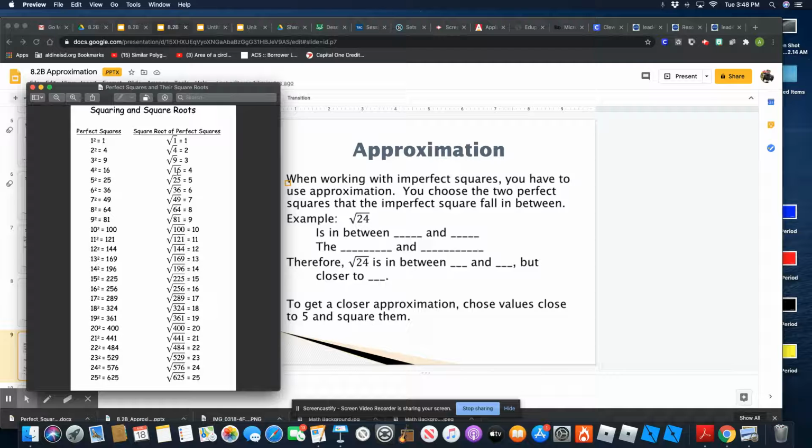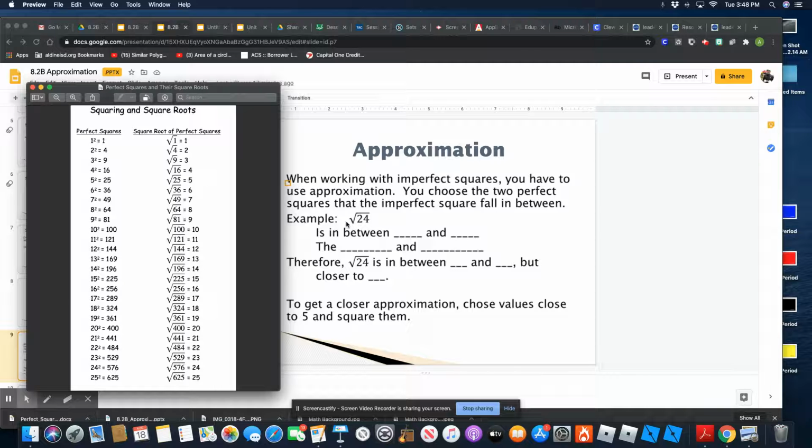Because 24 is between 16 and 25. So the square root of 24 would be between the square root of 16 and the square root of 25. I know that the square root of 16 is 4 and the square root of 25 is 5. Therefore, the square root of 24 must be between 4 and 5.